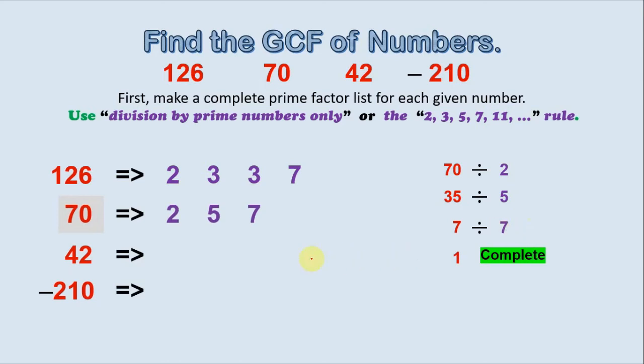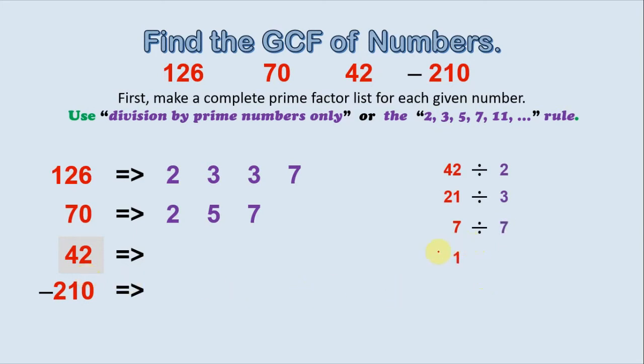Next, consider 42. 42 divided by prime divisor 2 is 21. 21 divided by the next possible prime divisor 3 is 7. 7 divided by the next prime divisor 7 is 1.